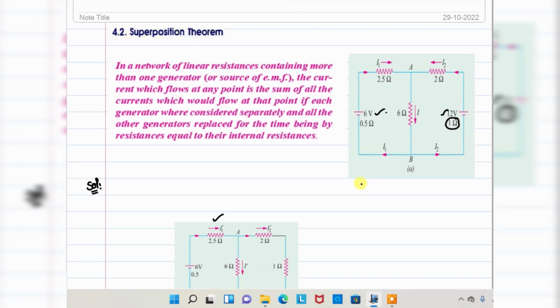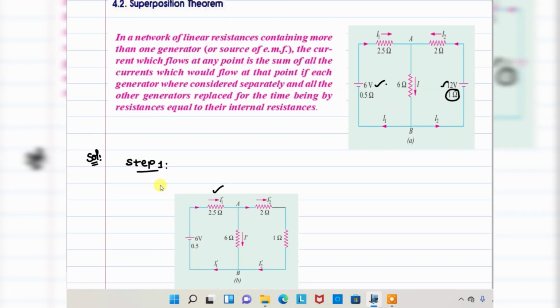So coming to here, according to the theorem, what is step 1? Each source acts alone, and all other sources are replaced by their internal resistances. So here the 6 volt source is acting alone, right?